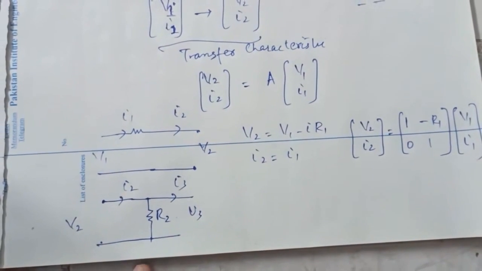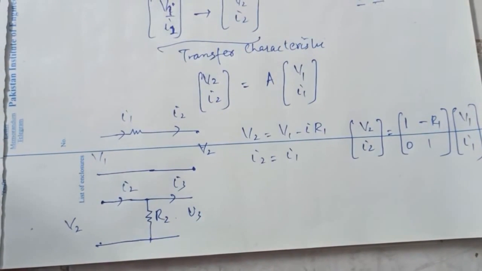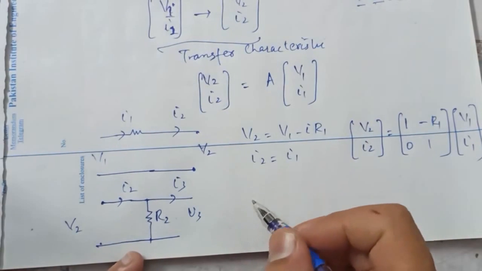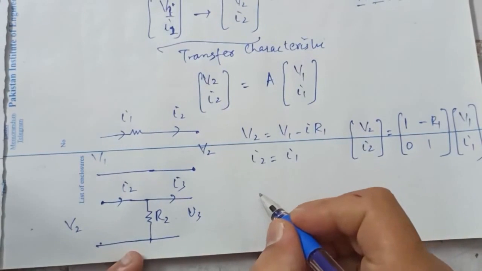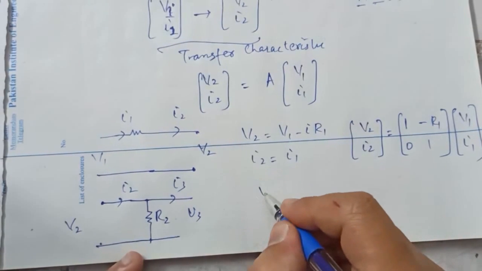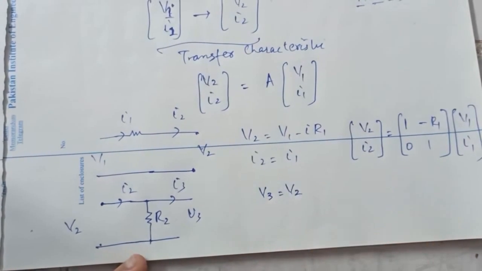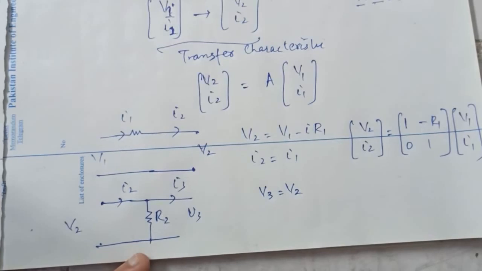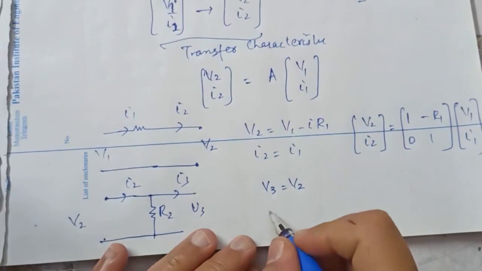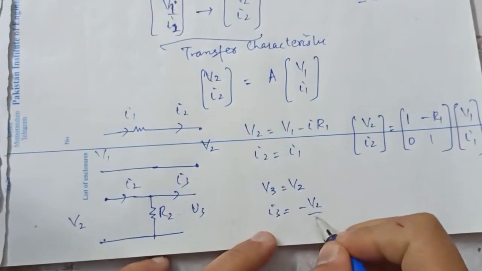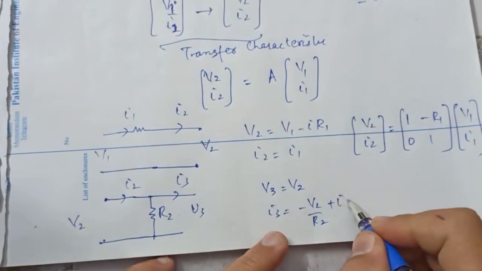In this case we can easily see that V3 is equal to V2, and I3 is equal to minus V2 divided by R2 plus I2.